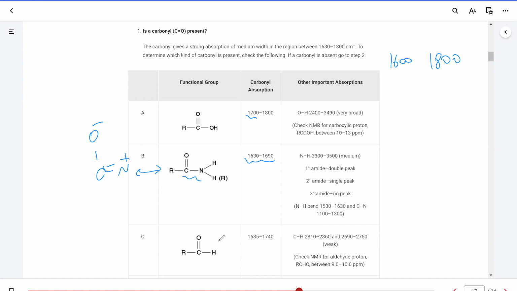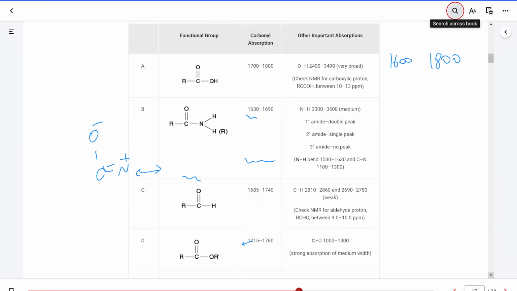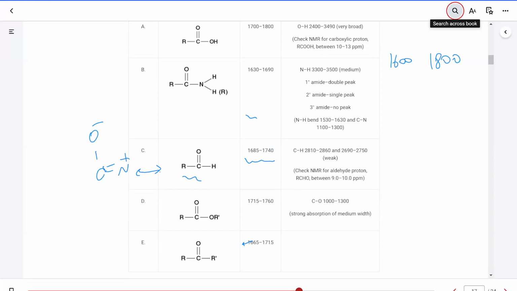For aldehyde, this peak appears around 1,700. It depends on whether it's conjugated; if conjugated, it shows at a lower number. If it's attached to an electron withdrawing group, it shows at a higher number, but still around 1,700. For ketone, the C=O double bond also shows around 1,700.